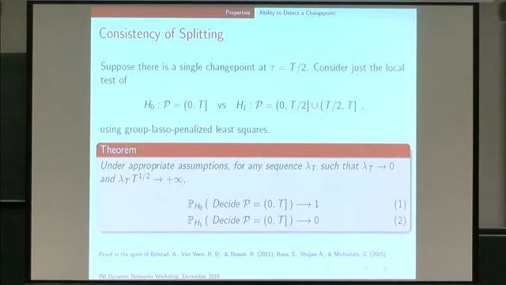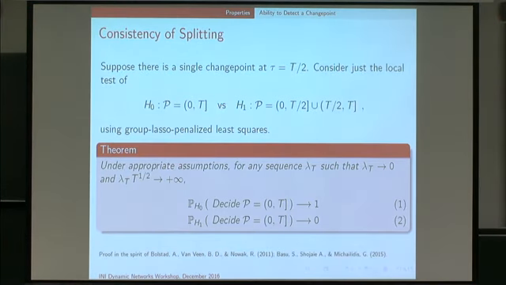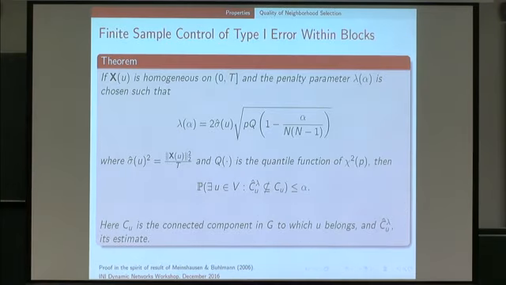And I'm using just the group lasso penalized least squares. You don't actually need the counting penalty because this is just one of the subproblems. Then under appropriate assumptions, you can show a certain type of consistency: under H0, the probability you decide correctly goes to 1, and under H1, the probability you decide incorrectly goes to 0, and this is asymptotics in the number of time points. All right, so that's a good sanity check.